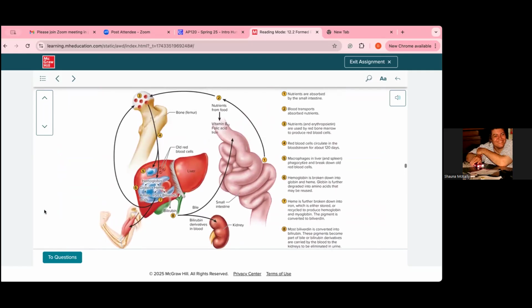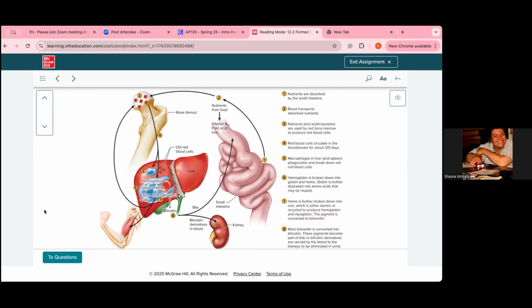So nutrients are absorbed by the small intestine. Blood transports the absorbed nutrients. Nutrients and erythropoietin are used by red bone marrow to produce red blood cells. Red blood cells circulate in the bloodstream for about 120 days. Macrophages in the liver and the spleen phagocytize and break down old blood cells.